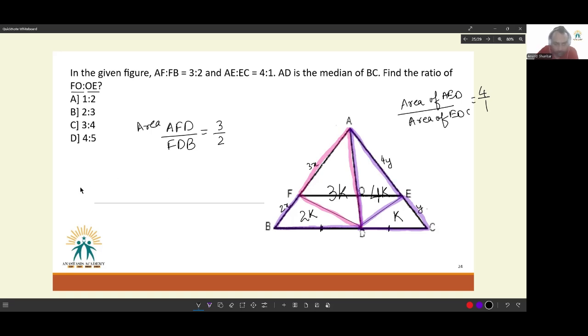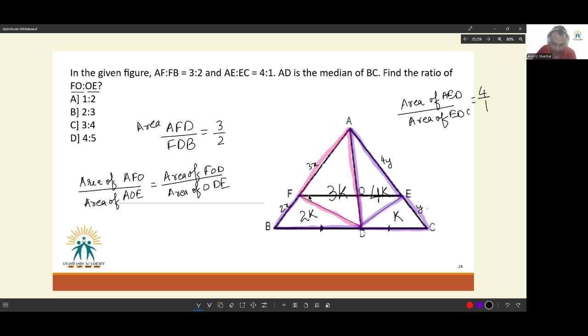The area of AFO by the area of AOE will be in the same ratio as the area of FOD by the area of ODE. See, for the first two, the base is FO and OE, the altitude is the same.